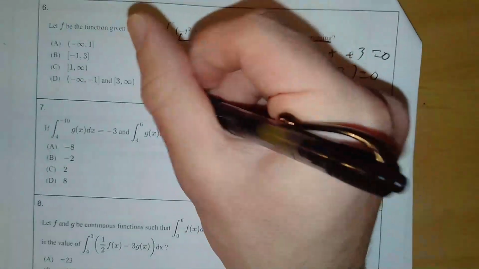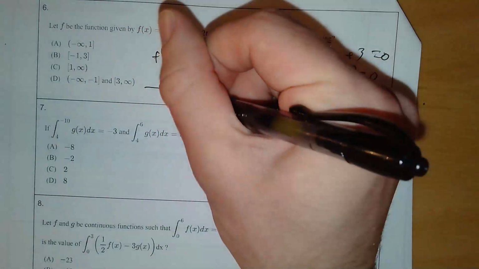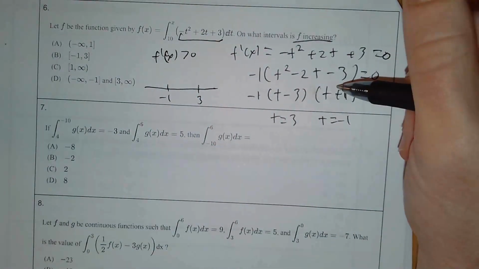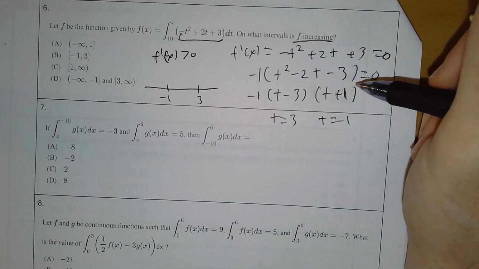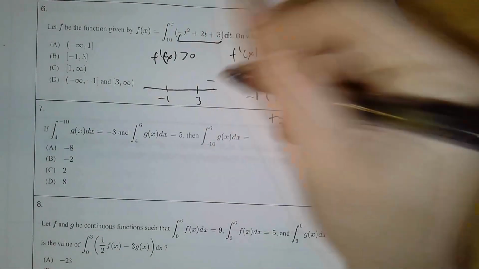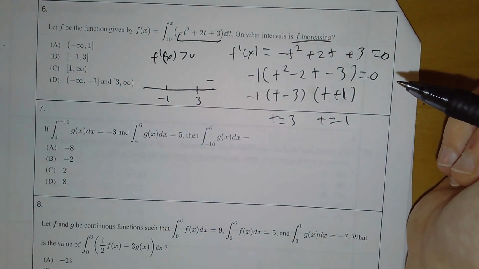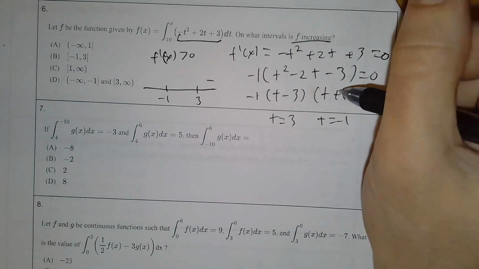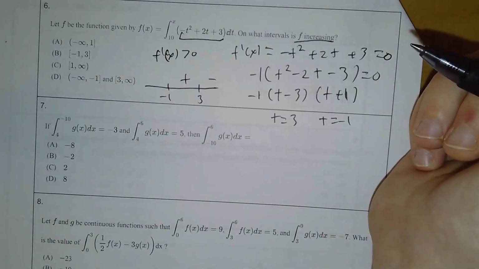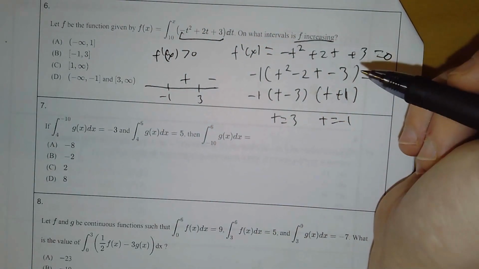You draw this out. We're going to have negative 1. We're going to have 3. Then we're going to plug it in here. So plug in like a 5. You can get positive, positive, negative, negative. Plug in a 2. You're going to get positive, negative, negative, positive. Plug in a negative 1, sorry, negative 2.